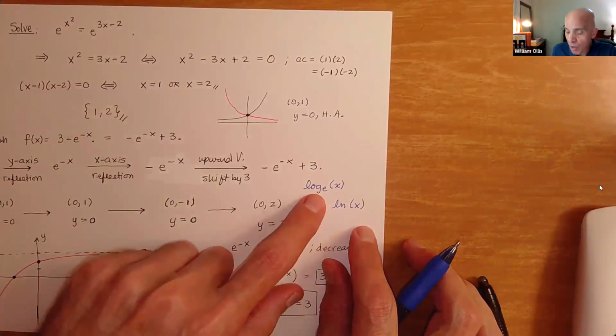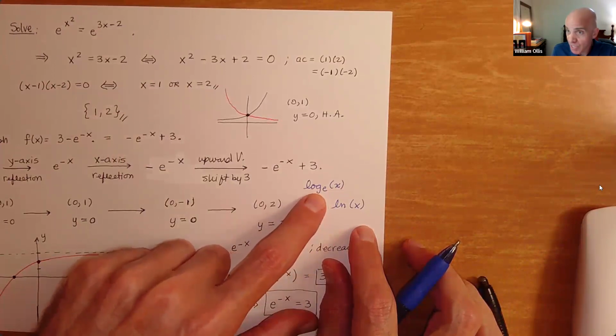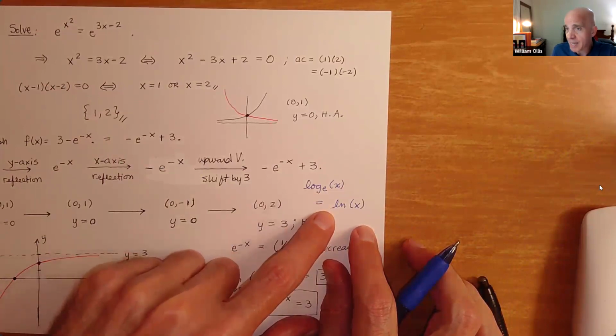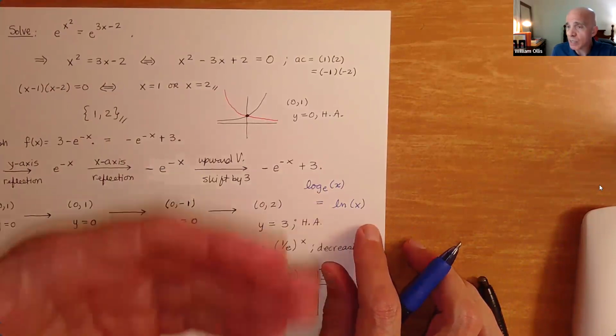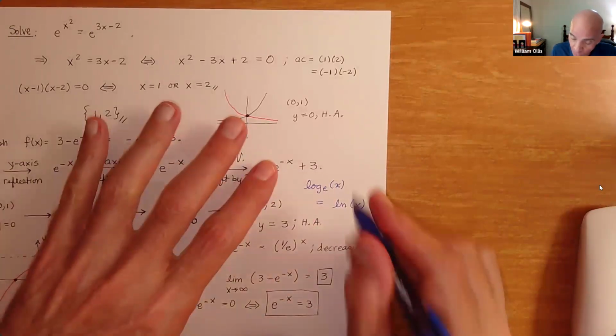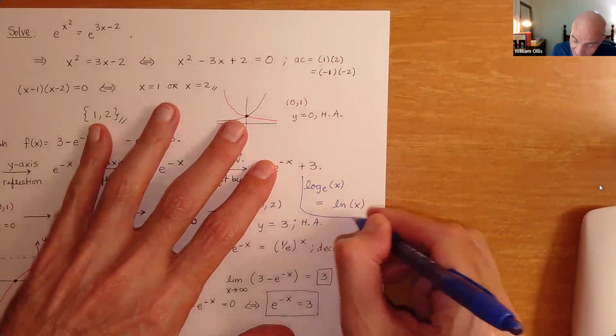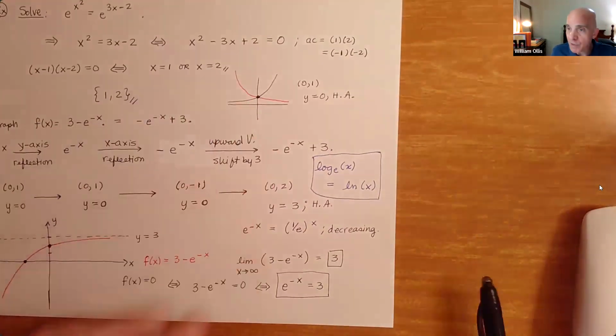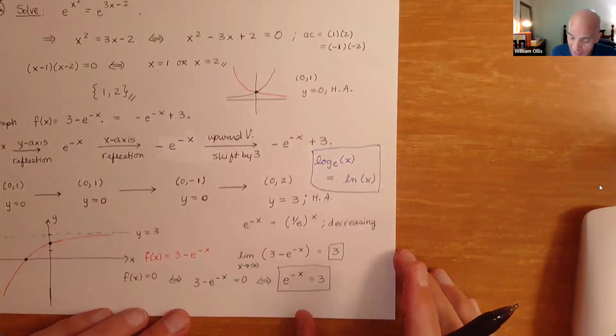You can certainly write base e logarithm of x, and it's very understandable what you mean. But due to the fact that the natural base has such a distinguished position in mathematics, we give it a special symbol and write it as ln of x. Again, lots of notation, lots of convention in mathematics.